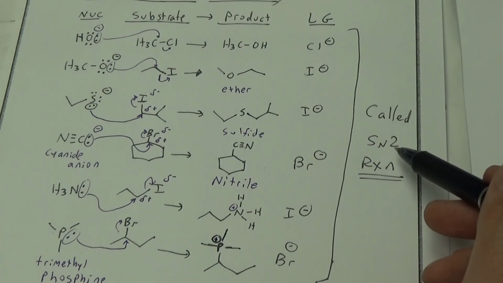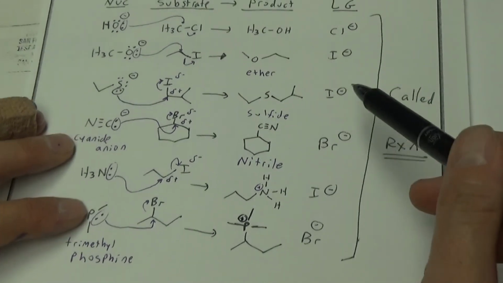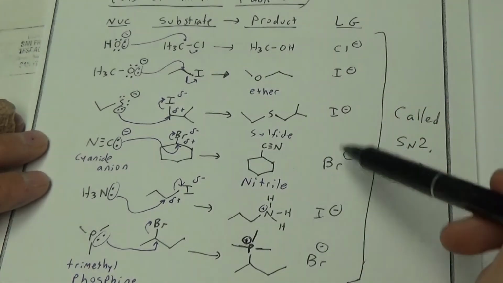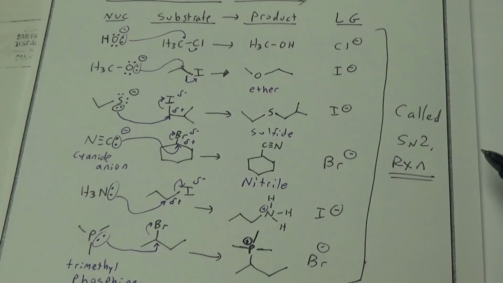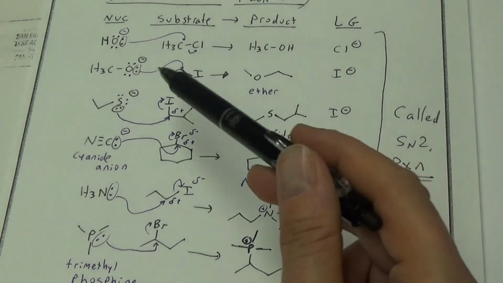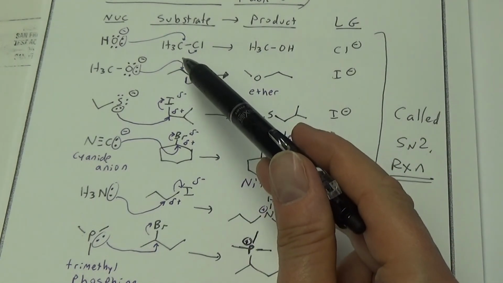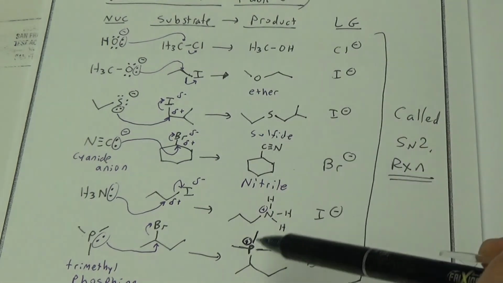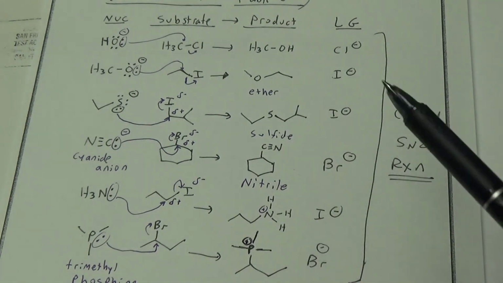We'll talk a ton more about the SN2 reaction. So there's lots to know about it. But these are all proper, correct examples of what we're going to call the SN2 reaction. They're all pretty easy to visualize, and in each case, the nucleophile attacks, the substrate kicks off the leaving group, and you get a product. Okay.